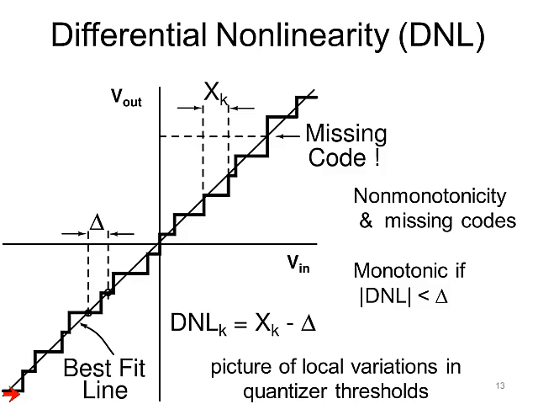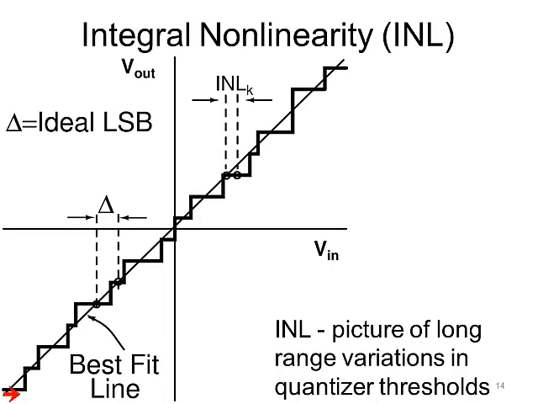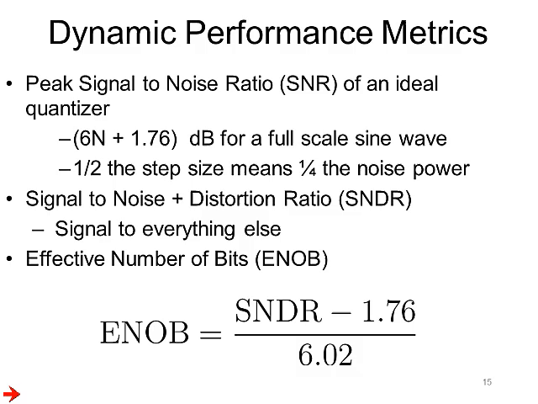Another way of looking at it is what is called the integral nonlinearity, which quantifies the deviation of the transitions of the actual quantizer from that of the ideal. The INL can be obtained by computing a running sum of the DNL. Those covered the static performance metrics.